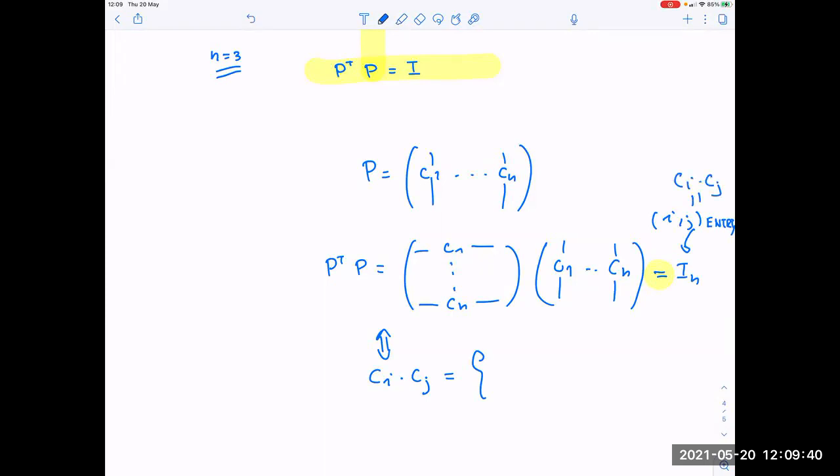So this is going to be 0 for i different from j, and 1 when they are equal, right? And so this is exactly what happens. This means that C1, ..., Cn is orthonormal, right?